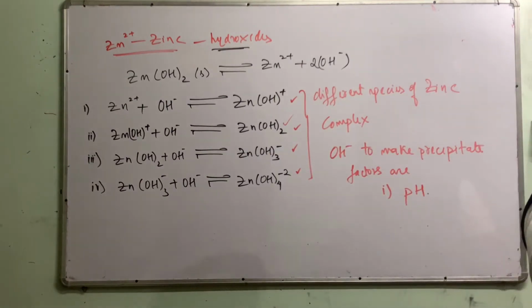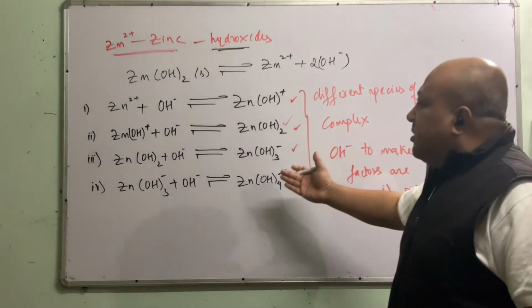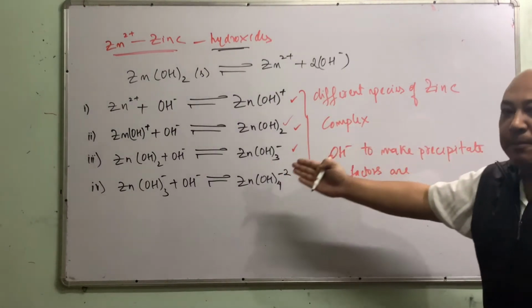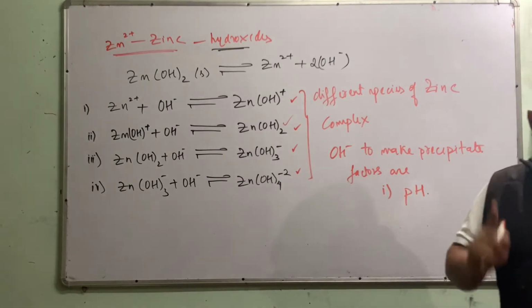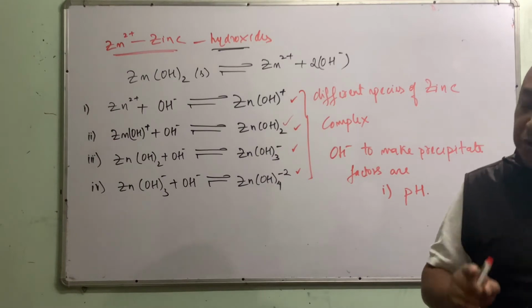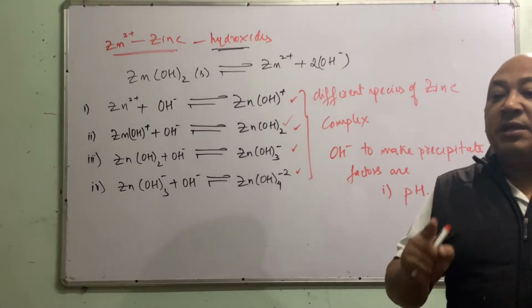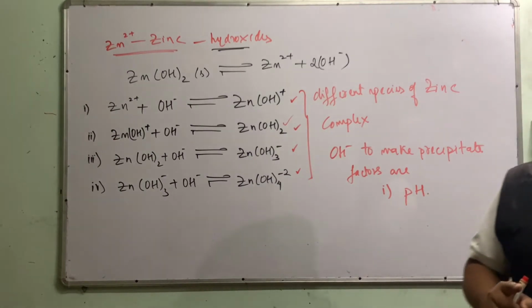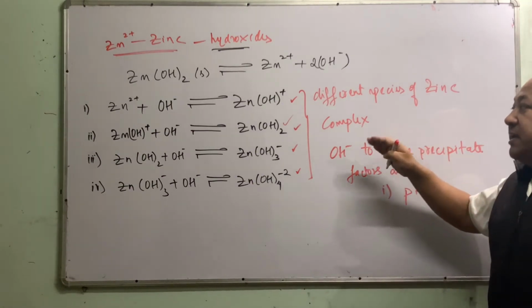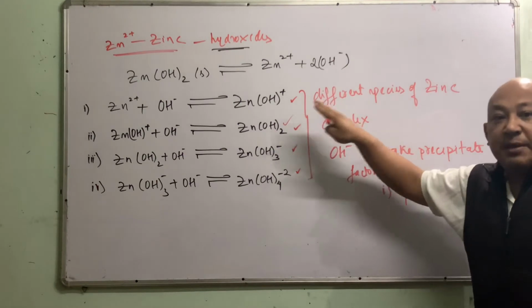So rather than saying increasing the OH value, we can say pH is one of the factors that explains the solubility or insolubility, that makes the precipitation of the complex zinc. Let me repeat it. The pH of the solution is one of the factors that decides the precipitation or the solubility and insolubility of any heavy metals.